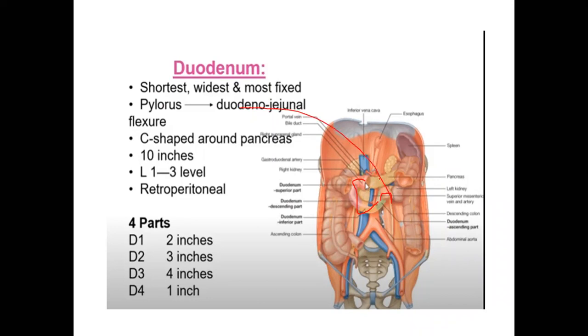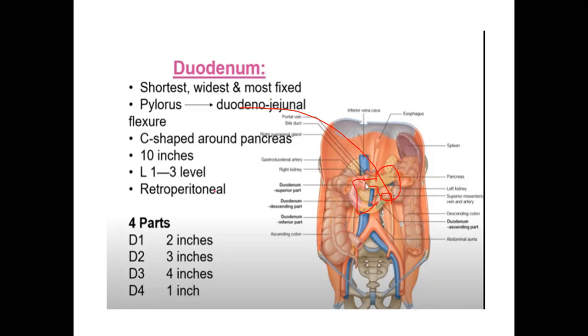There's no stomach in this diagram, but if the stomach were in this position, the duodenum would start from the pylorus end and end at the point where the jejunum starts.